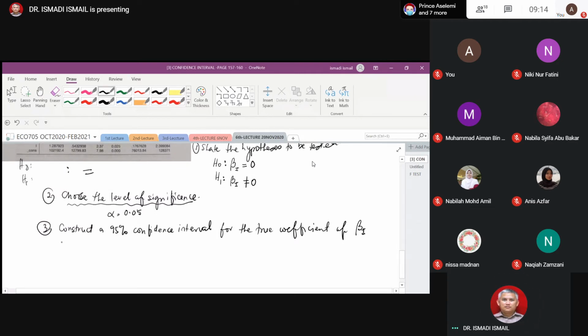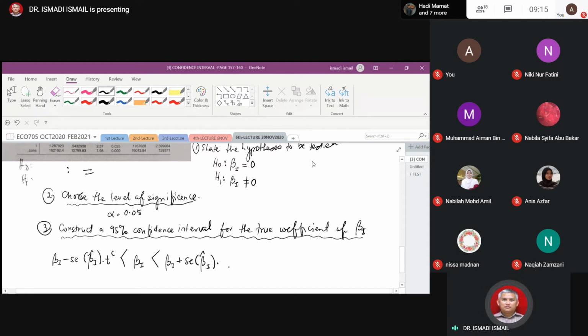Then you write the formula in interval form: beta hat i minus the standard error of beta hat i times critical t, less than the true coefficient of variable i, less than beta hat i plus the standard error of beta hat i times its critical value.